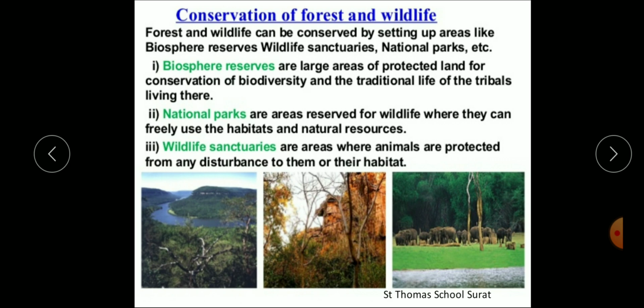The reserve may contain other protected areas also. For example, the Pachmarhi Biosphere Reserve consists of one national park named Satpura and two wildlife sanctuaries named Bori and Pachmarhi. Understood?